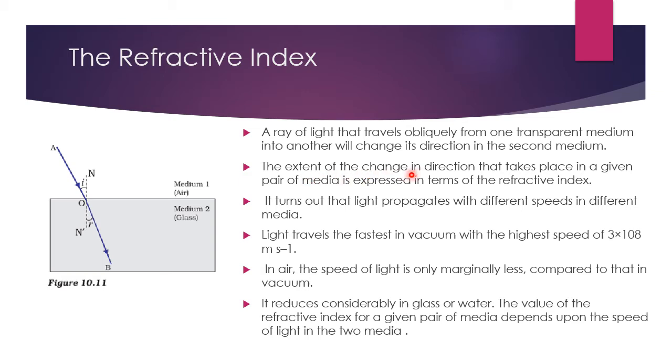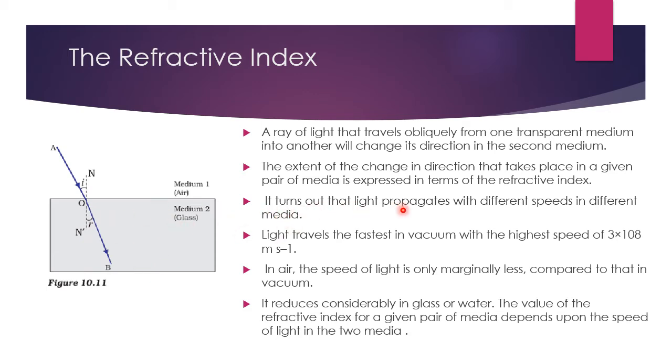The extent of change in direction that takes place in a given pair of media is expressed in terms of refractive index. This means how far it changes. This is compared and it is called the refractive index of a particular medium, here glass with respect to air.